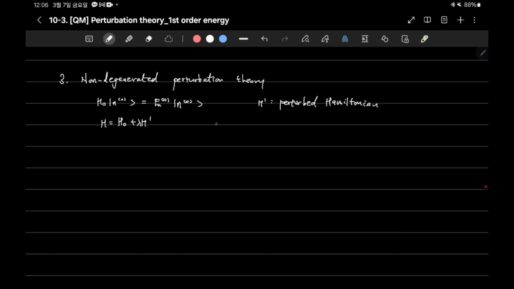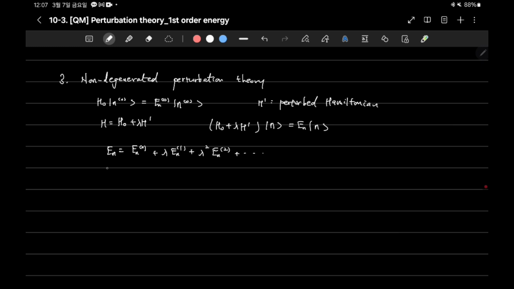The Hamiltonian eigenvalue equation is that H0 plus lambda H prime is the Hamiltonian, acting on the eigenvector with eigenvalue En, like this. Then we assume that the energy eigenvalue can be expanded in zeroth order, first order, second order, third order, and so on to higher order.